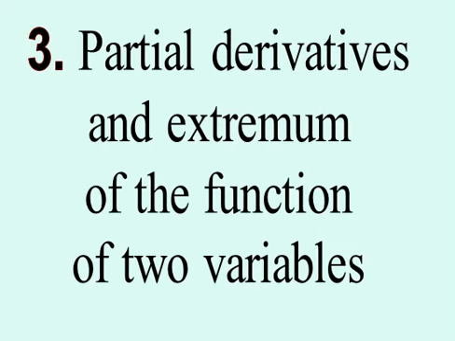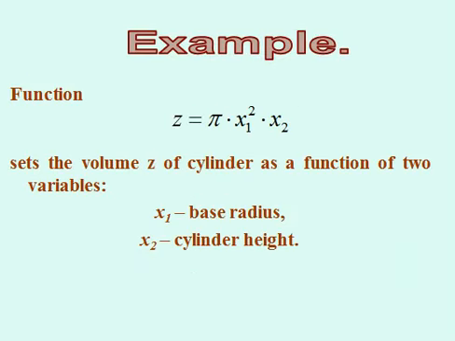Our third topic is called partial derivatives and extrema of the function of two variables. In this case, our function z is equal to pi multiplied by x1 squared multiplied by x2, and means the volume of a cylinder with base radius x1 and cylinder height x2.